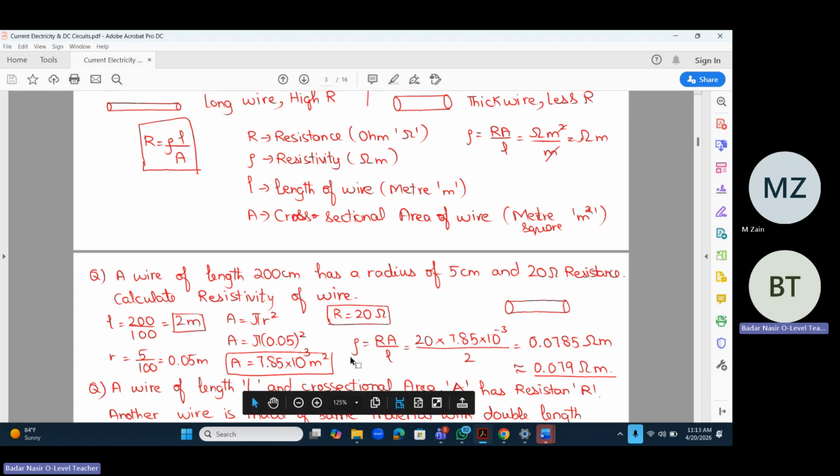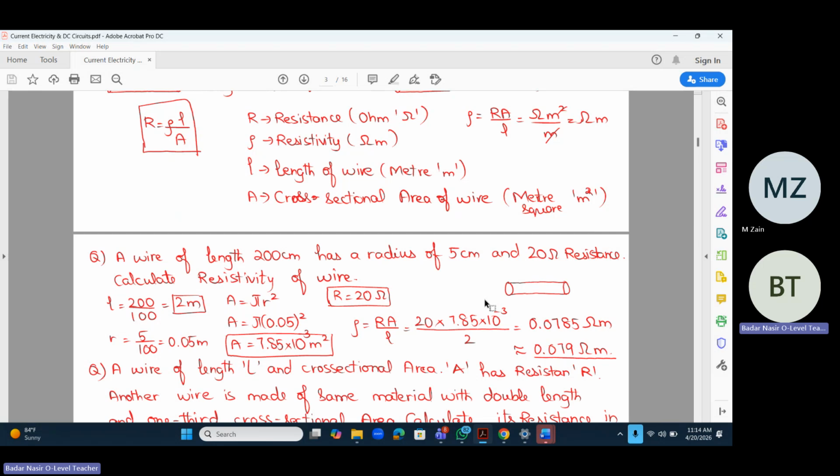So we get this value of area. Once you have length in meters, which is 2 meter, area is this, and resistance is this, put the values in the formula and you'll get the value of the resistivity.